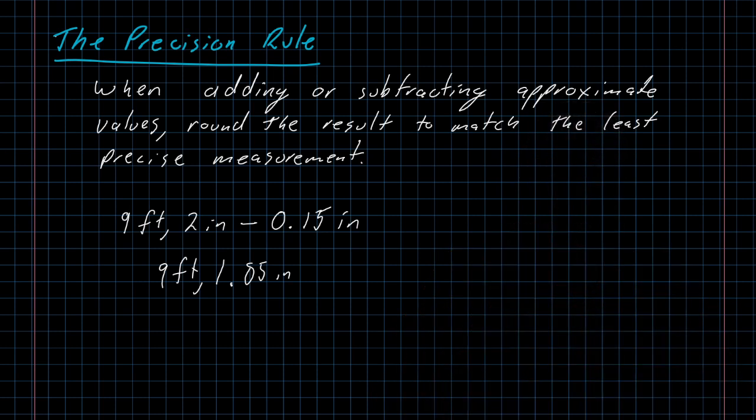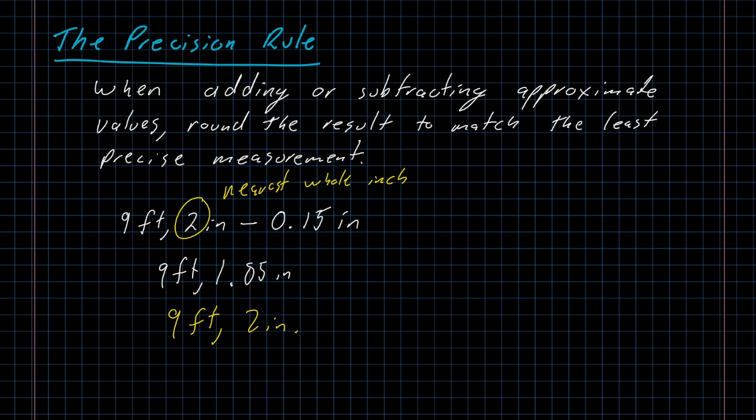So I'm going to round this to the nearest whole inch, because nearest whole inch is what I had in the first place. So the width of the room after putting wallpaper on the walls is still 9 feet 2 inches.